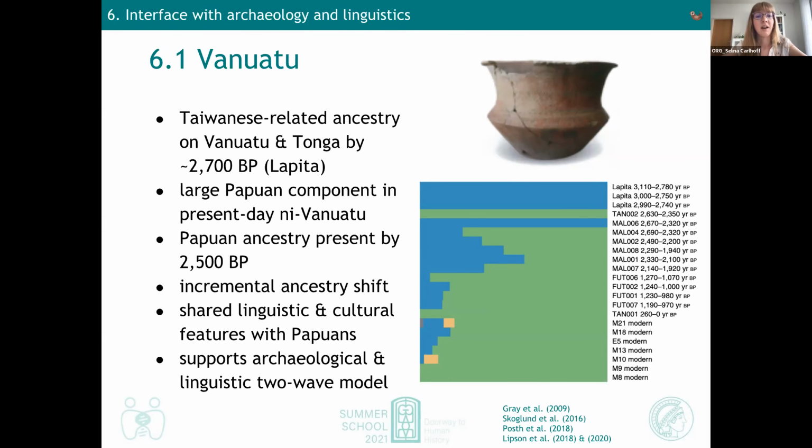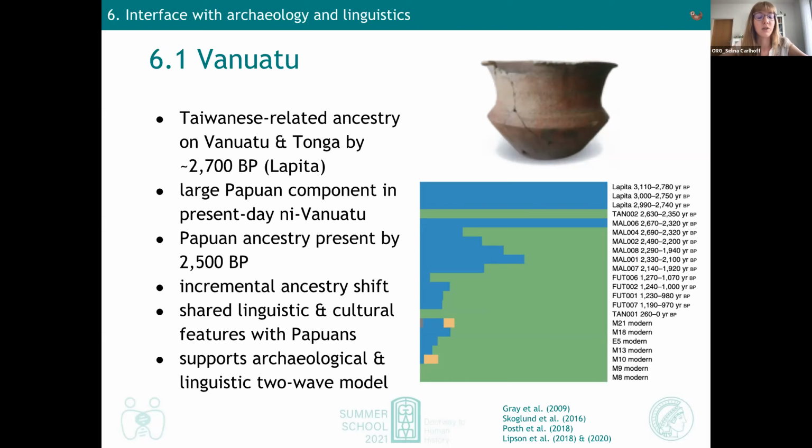So there was already evidence in the linguistic and also in the cultural sciences that there were connections between these regions, which cannot be found outside of these regions.